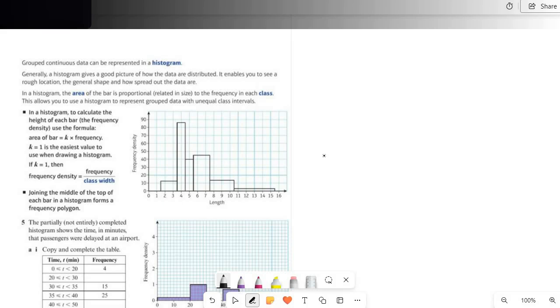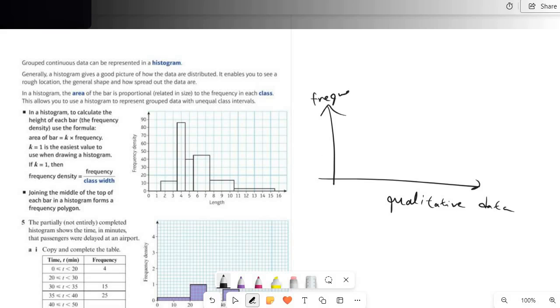If you remember when we discussed the bar graph or the bar chart, it usually has qualitative data here and frequency here or the number here. And the bars were separated with a specific gap here, which looks something like this. Whereas in a histogram, all of them are connected to each other and there are no gaps.